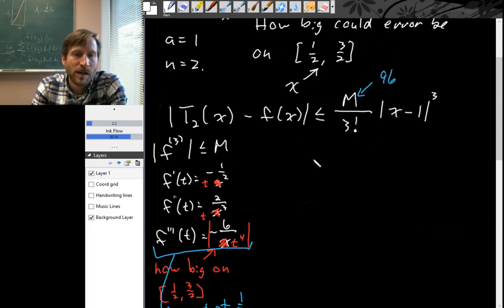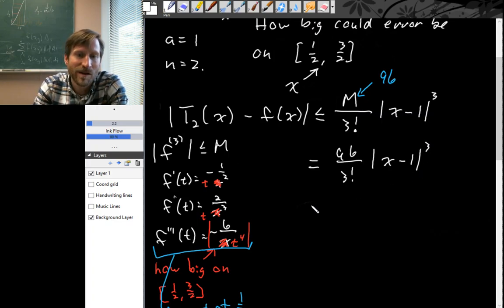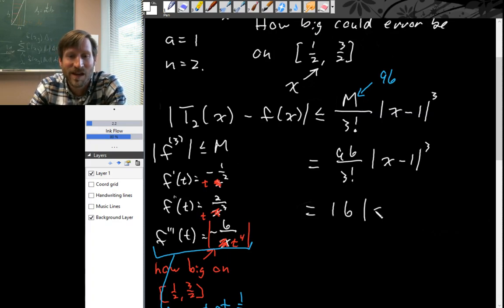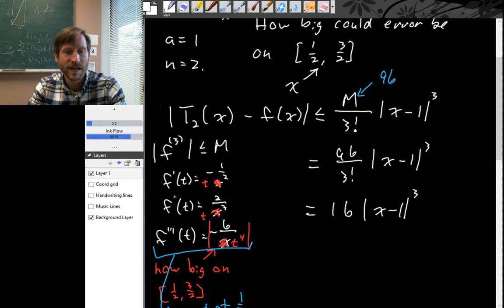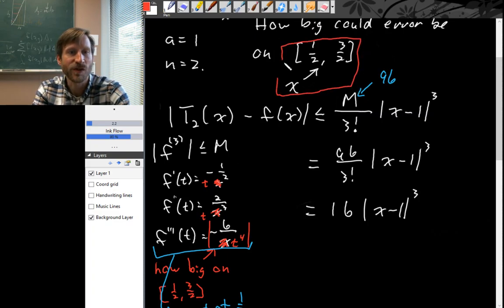Okay, so we can put that in here. It's 96 over 3 factorial times the absolute value of x minus 1 to the third. And 96 over 3 factorial is 16, I think, times the absolute value of x minus 1 to the third. All right, so here's the error bound at x, but remember, all of our x values are in the interval from 1/2 to 3/2.